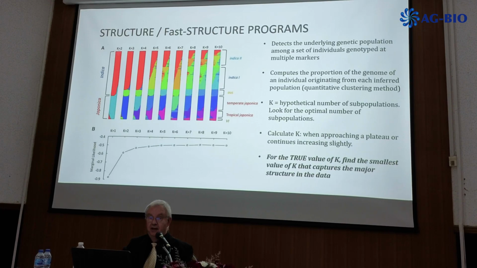This is rice. In rice, you have the so-called K value. The K value is a hypothetical number of populations, and you look for the optimal number of subpopulations. Here you have the group of the Japonica rice and the group of the Indica type.